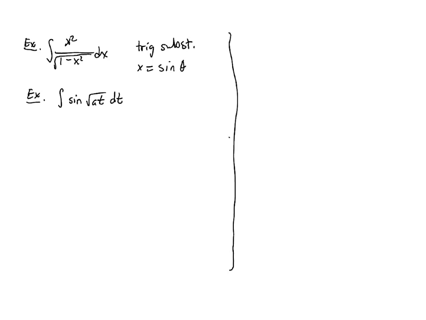There's a substitution that you could do of u equals at, but that's not going to help you to get rid of the main problem in this antiderivative, which is that you have sine of square root of something. It's trig functions but with a mess inside, so you can't use the standard techniques from 7.2, and if you look through, it doesn't fit with any of the other standard techniques.